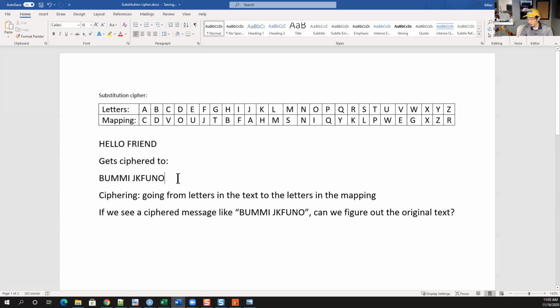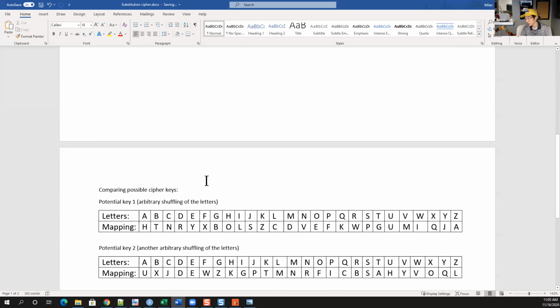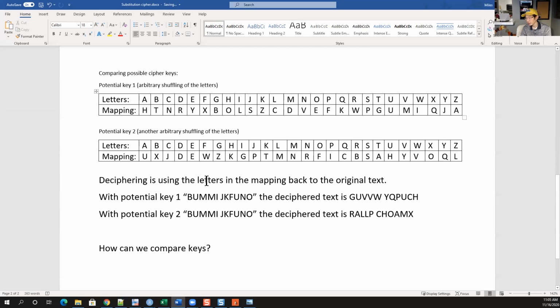Okay, and so what we need to be able to do is compare potential keys as a way to try to decipher the text. So I created these potential keys, just arbitrarily shuffling the letters around. And so I have potential key 1 and potential key 2.